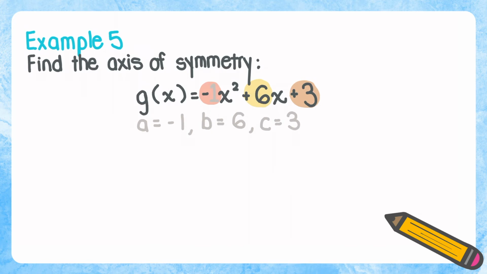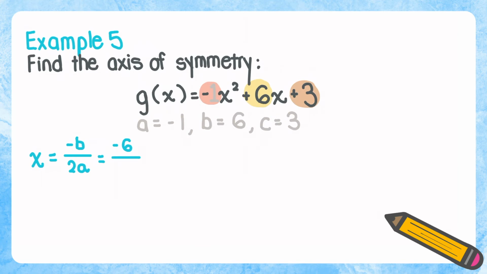Now let's find the axis of symmetry. So the formula we use is x equals negative b divided by 2a. What are b and a? So since b equals 6, I'm going to rewrite the numerator here as negative 6.